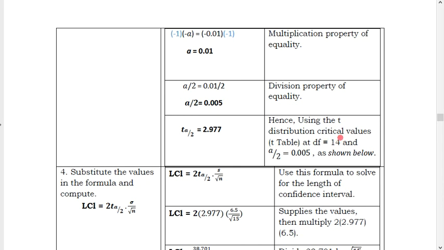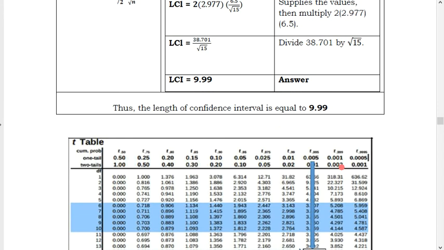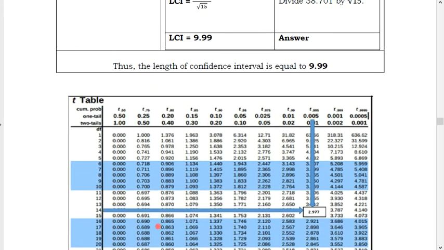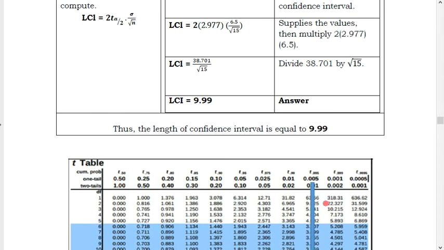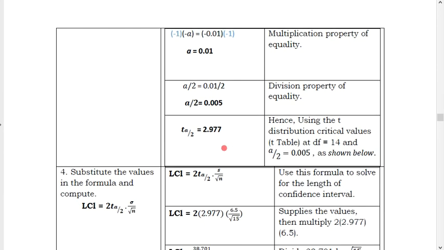Hence, using the t-distribution critical values, the t-table, the degrees of freedom 14, and ito yung percentile natin na 0.005, is shown below. So, 0.005, ito siya, and the degrees of freedom of 14. Okay, here it is. Pagbanggain lang natin yan, tsaka yan, so makukuha natin is 2.977.